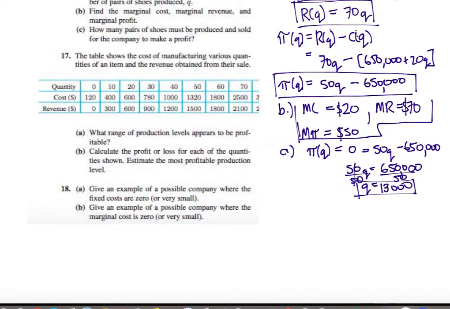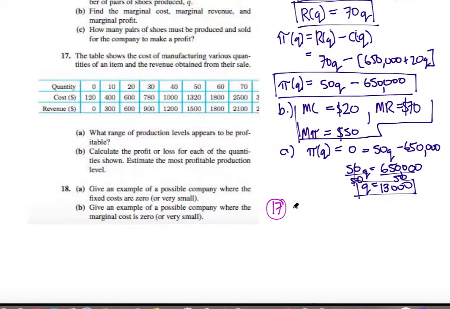Moving on. Number 17 asks us to look at this table again, and looking at both cost and revenue based on quantity, we want to see what range of production levels appear to be profitable.